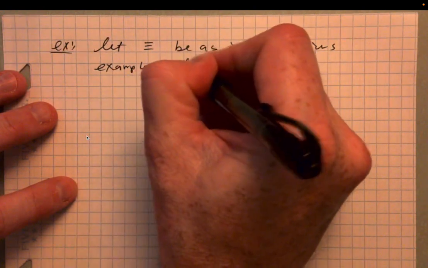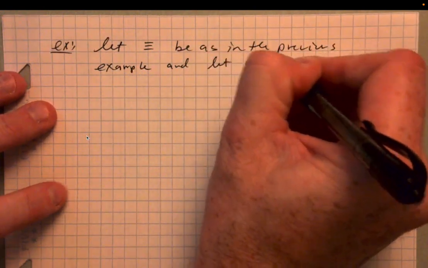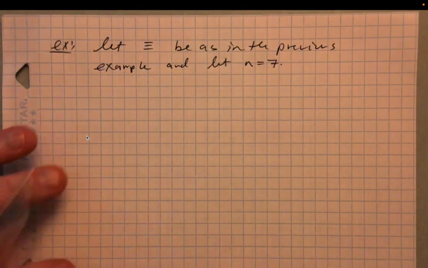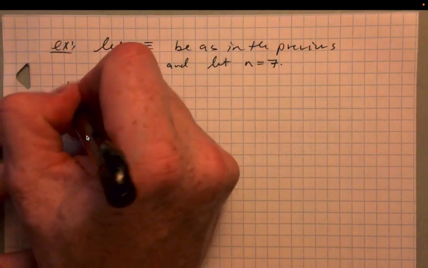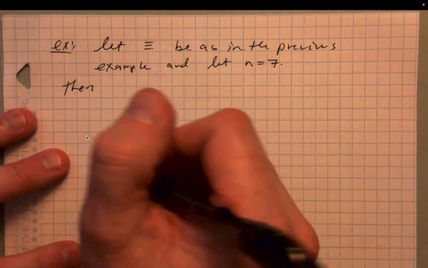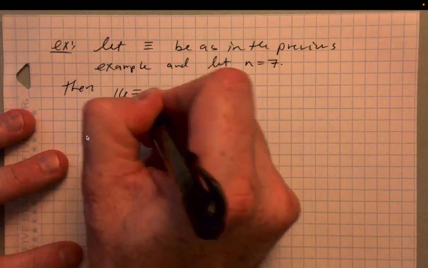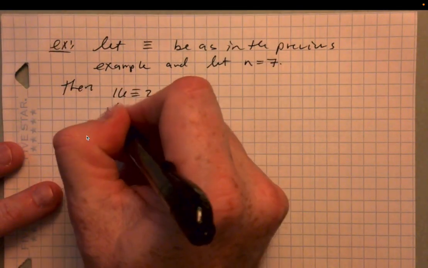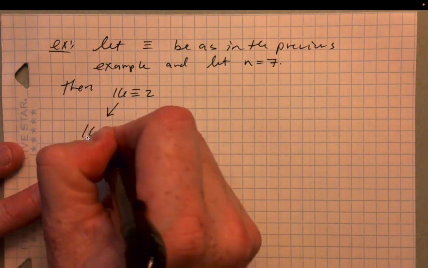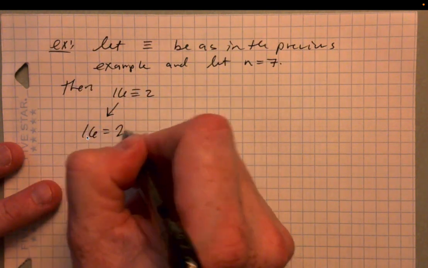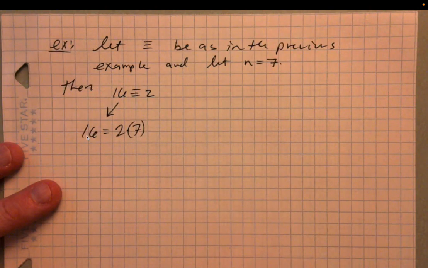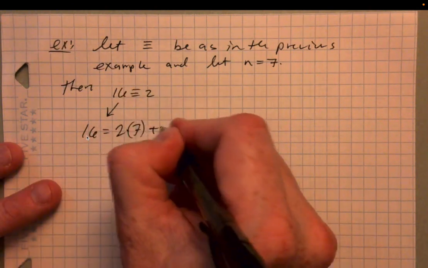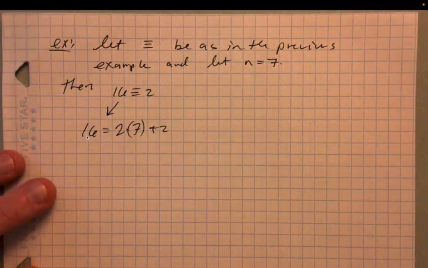Then we can say lots of things, actually. But what we can say for sure here is that 16 is equivalent to 2. Right? And why is that? Well, because 16 is equal to 2 times 7, 7 being the modulus here, plus 2. So the remainder is 2 there.